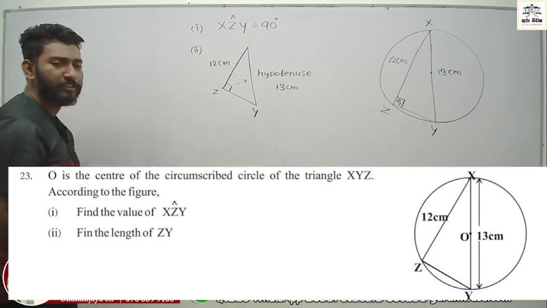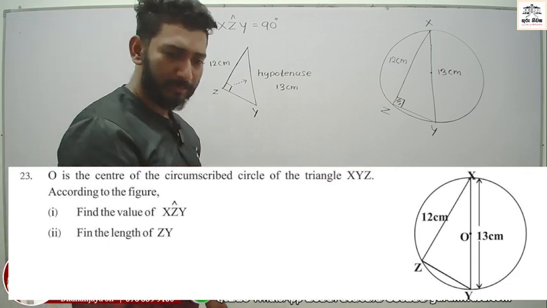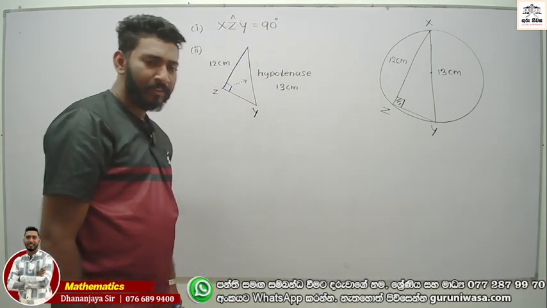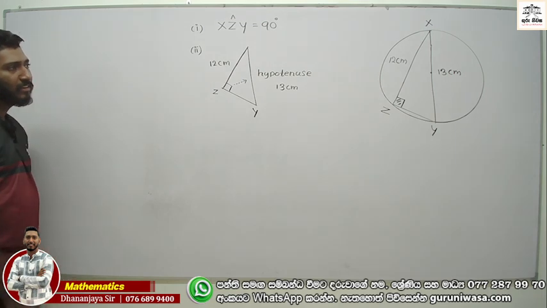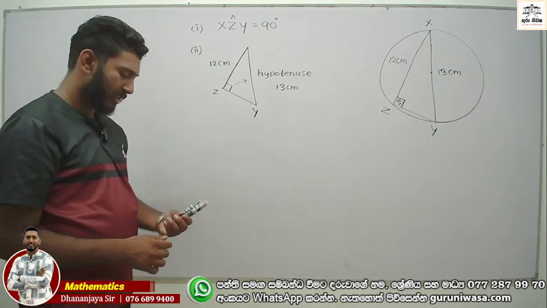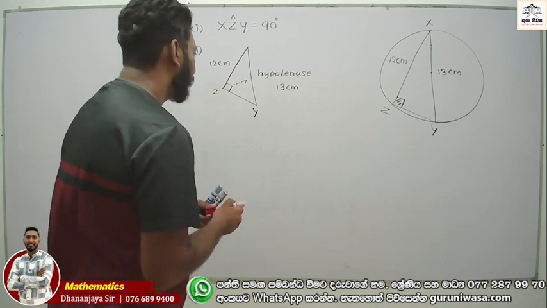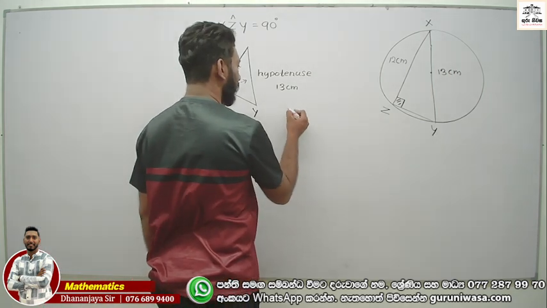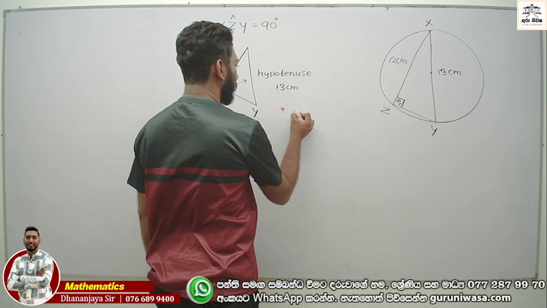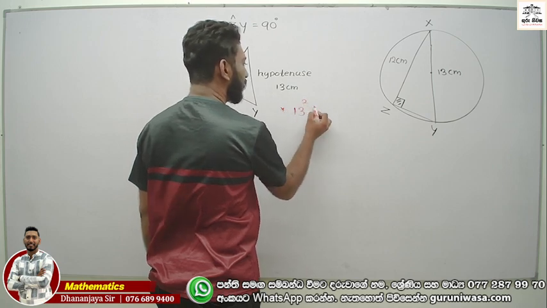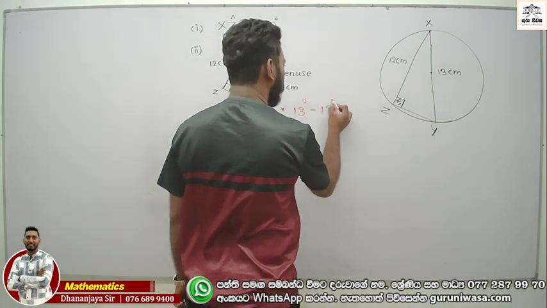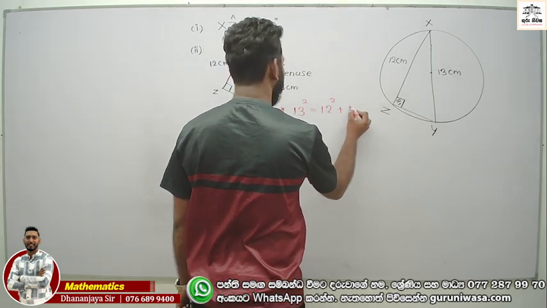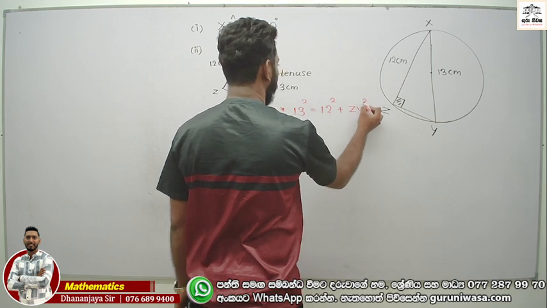Now how do you use the Pythagoras theorem? You can use the Pythagoras theorem. And you know the square of the hypotenuse, right? Using Pythagoras theorem, 13 square should be equal to 12 square plus ZY square.